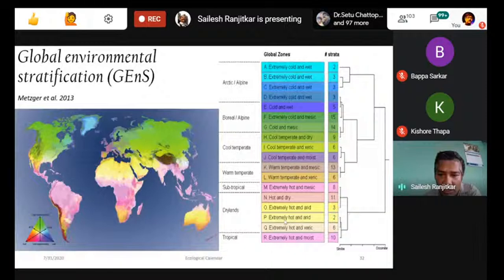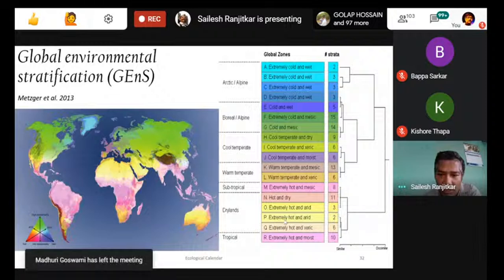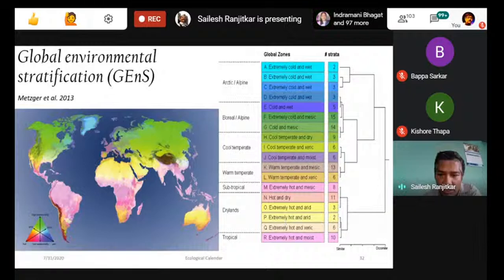These four indicators are used, and based on statistical work with them, they divided the world's vegetation zones into different strata. You can see from A to R, this is the current system they proposed. These are the older ecological zones.